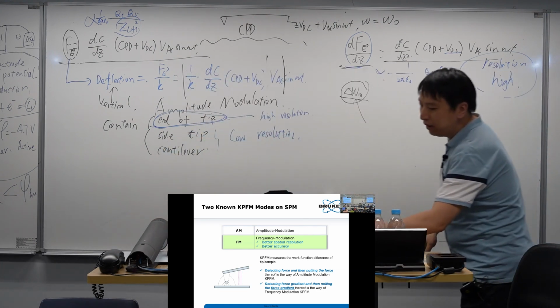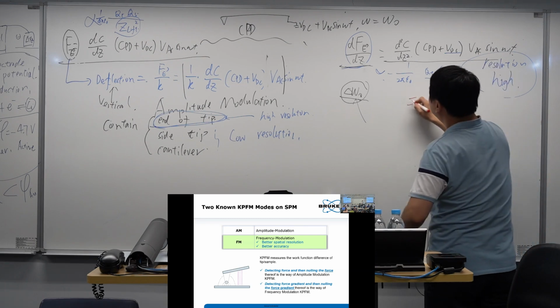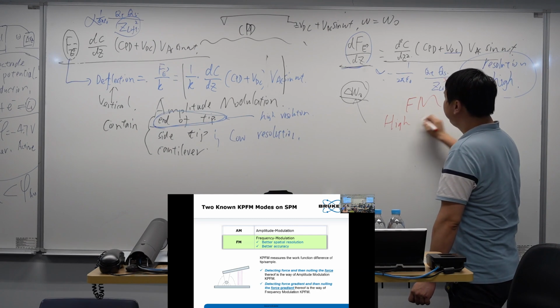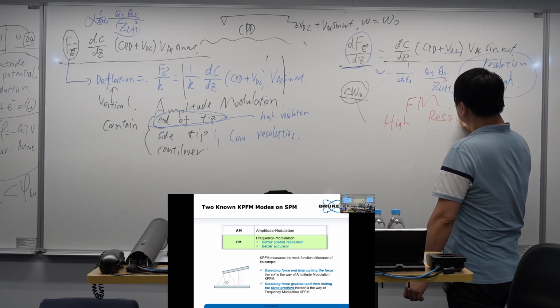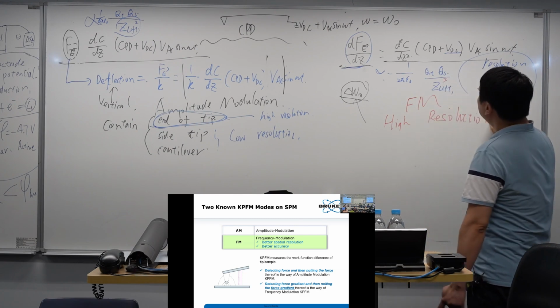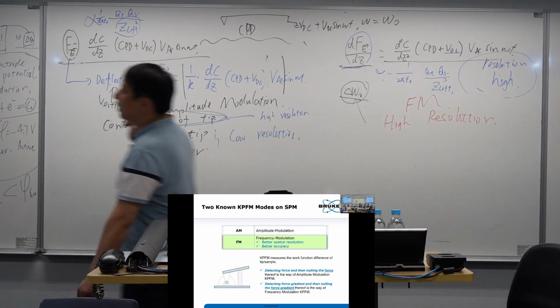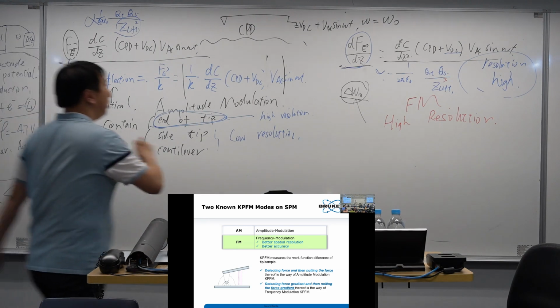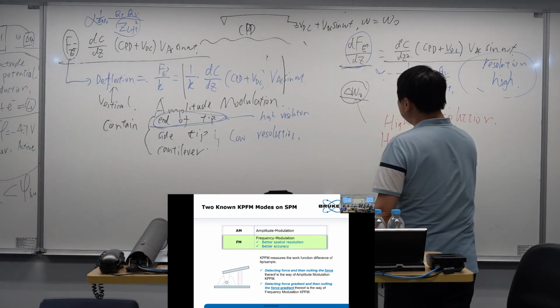So the FM is high resolution. And because it only detects the potential from the end of the tip, it's high accuracy.